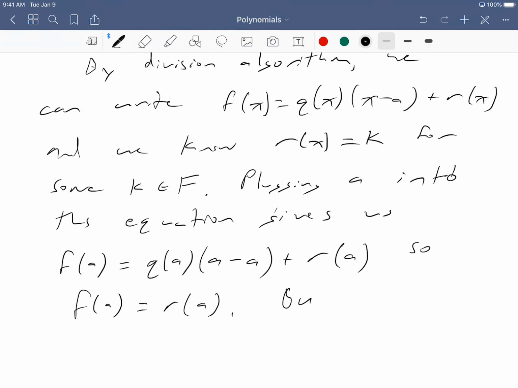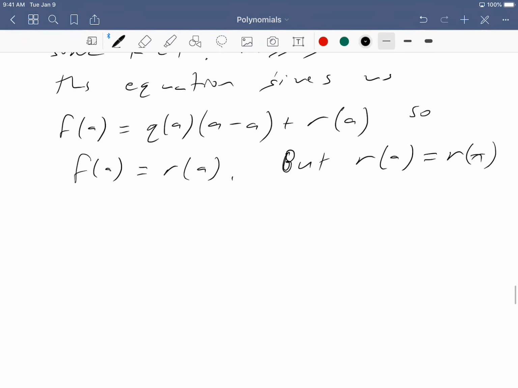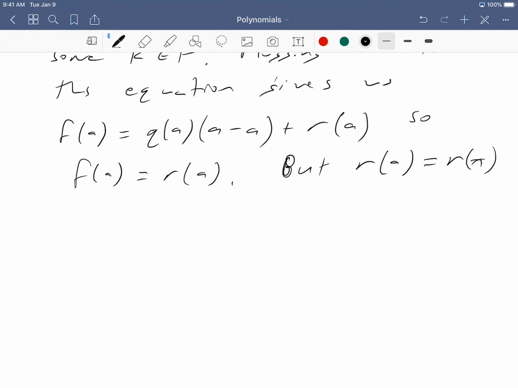Okay, but r of a is just equal to r of x because r of x is a constant, and so whatever it is when you plug in a, that's what it is when you plug in anything, no matter what. So the remainder function, r of x, is just equal to f of a for all x. Okay, so that's the whole proof.